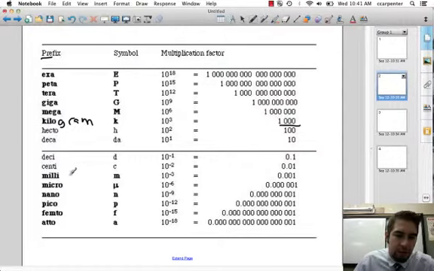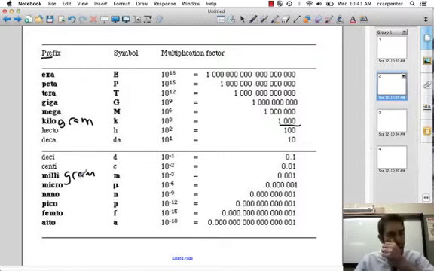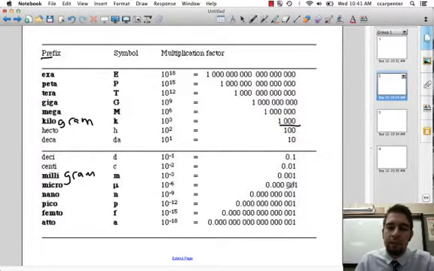Something even smaller, let's say a milligram: if I had 1/1000th of a gram, I would have a milligram. A milligram is not that much. But if you were weighing out a medicine, or a very, very tiny amount of anything, you would want to use milligrams. So 1 milligram is equivalent to 1/1000th of a gram.